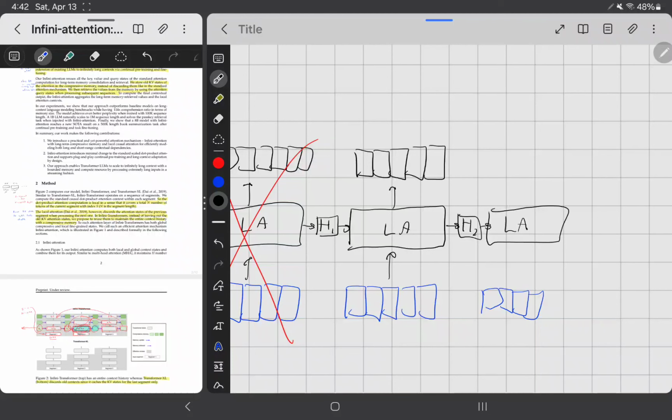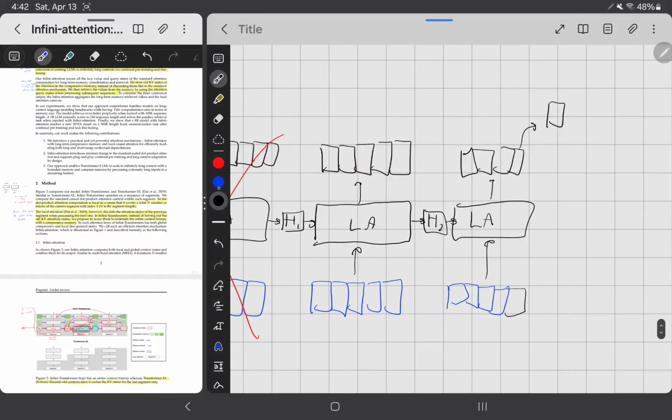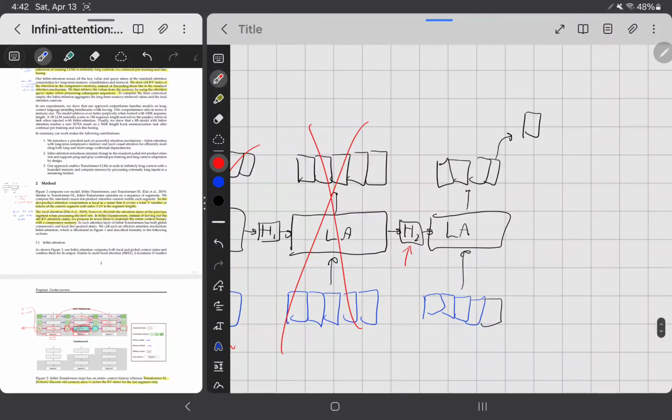And then we throw this through our attention again, using these tokens, and this will hopefully give us the prediction for the next token here. Note again that we don't need to store any of this. We just need to store our hidden state here and these tokens here to get this next output.